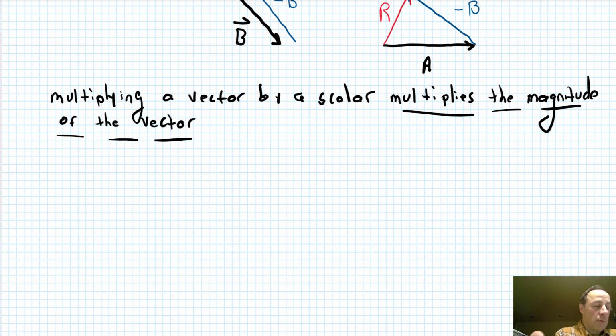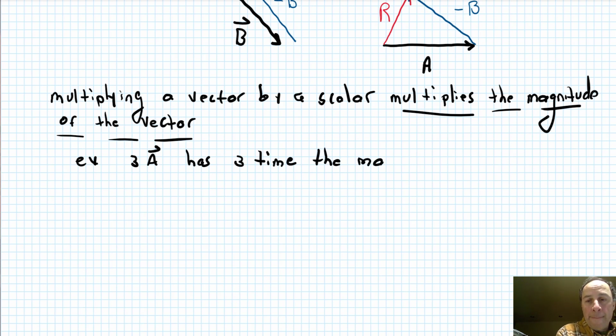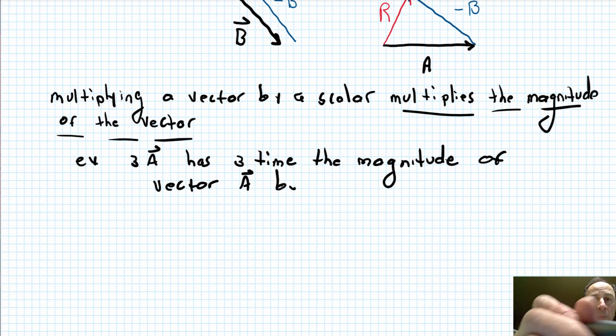Okay? So, for example, 3A has 3 times the magnitude of vector A, and is in the same direction.